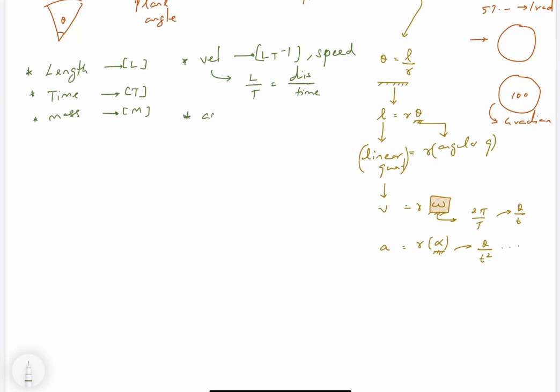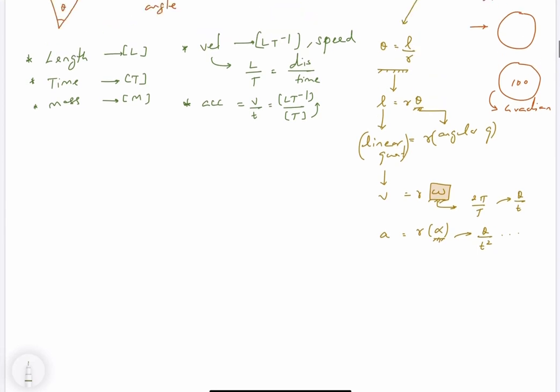What about acceleration? Acceleration is nothing but velocity by time. So what is velocity? LT power minus 1. What is time? Time T. So what do you do? You bring this above. This is how you write a dimensional formula. Then you bring it above. So LT power minus 1.